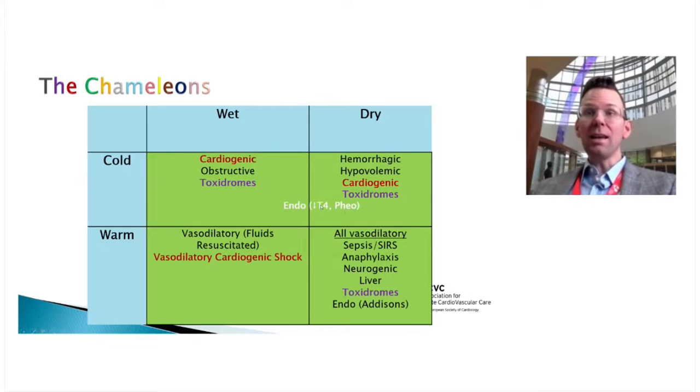Endocrine causes can span different ones, whether it's thyrotoxicosis or hypothyroidism. Once the heart gets involved, they can go from cold and dry to cold and wet and become a myxedema coma. Whereas in thyrotoxicosis, when the heart starts to fail, you can be warm and wet at the same time. So depending on the phase, they can present differently.